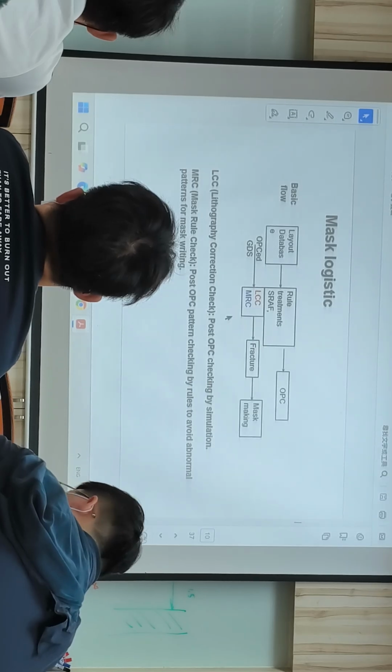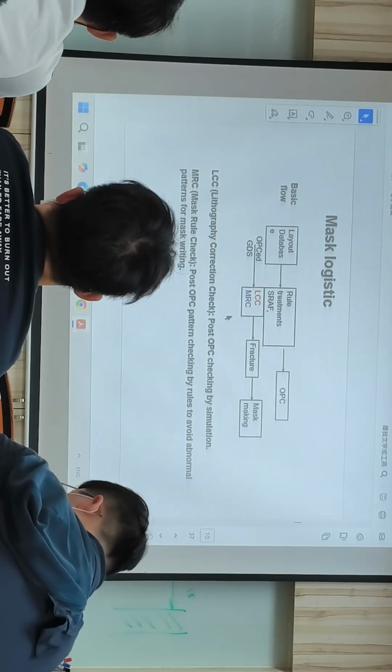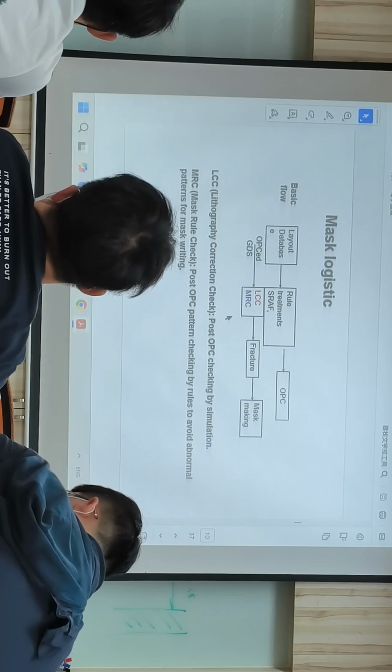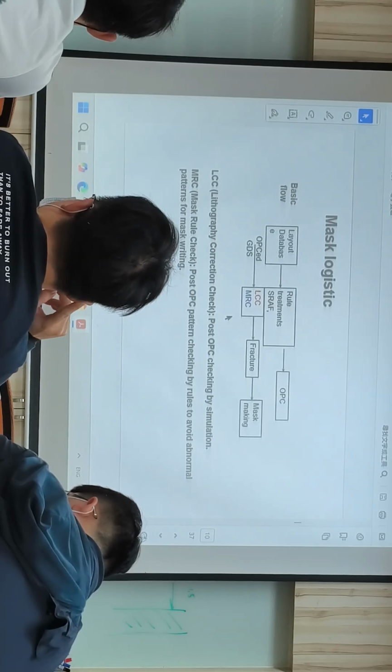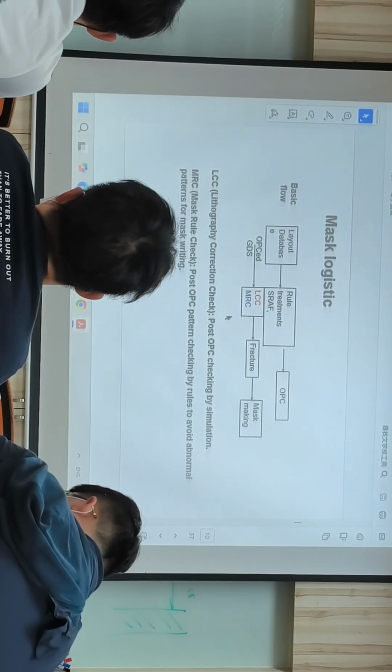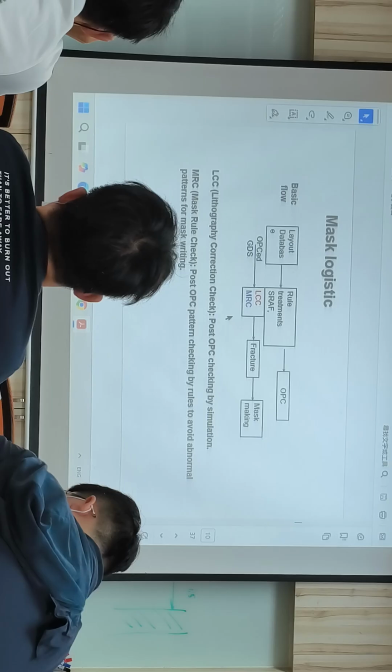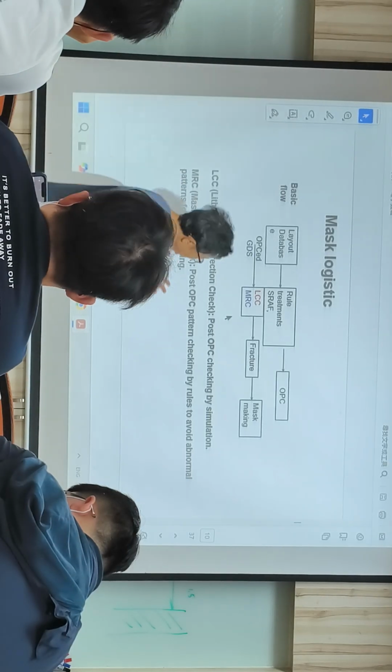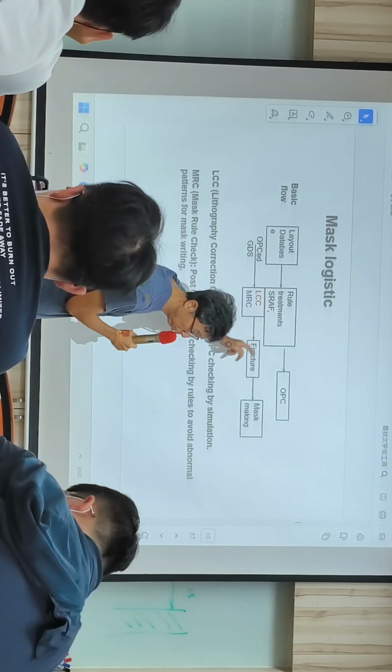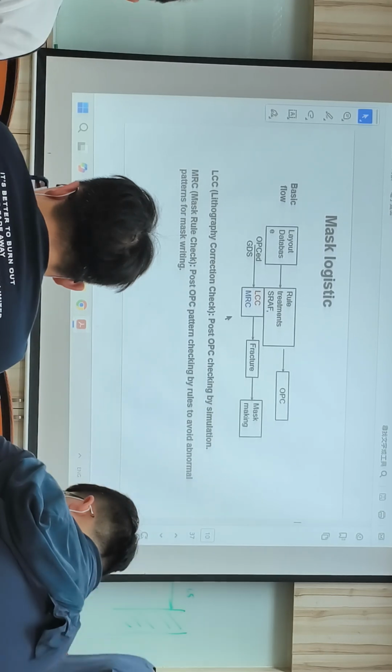Because OPC or the rules will think you are trying to make these, without knowing that this is a mistake made by the layout engineer. Okay? So a lot of things need to be done before they do the OPC.